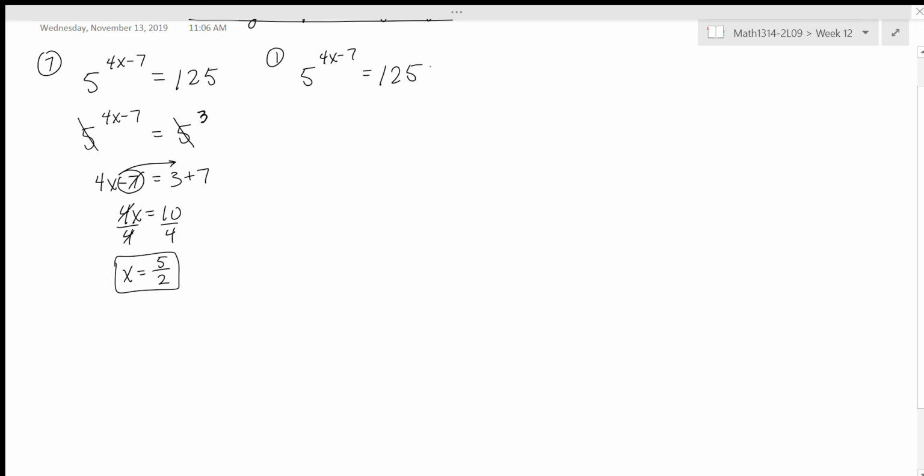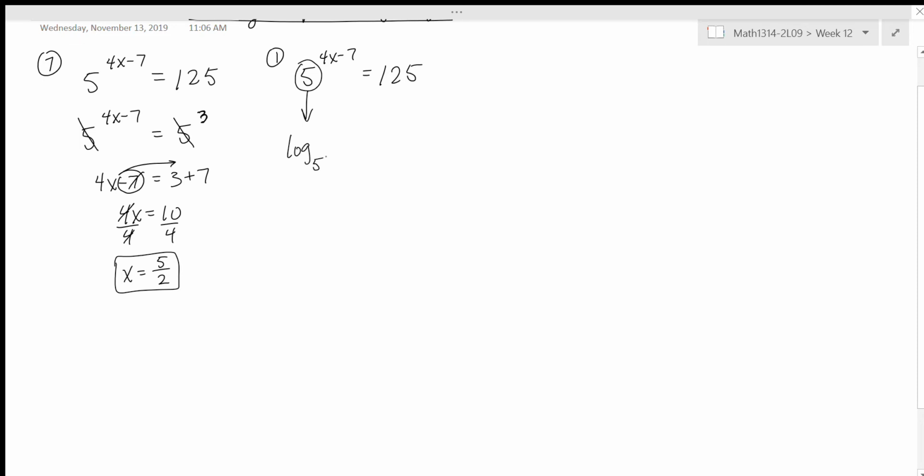And when I taught this in class, I gave you a little poem to remember. Anybody remember the little poem? Bring the base down, switch the other two around. Remember that? So the 5 is the base. We're going to bring it down. Bring the base down.